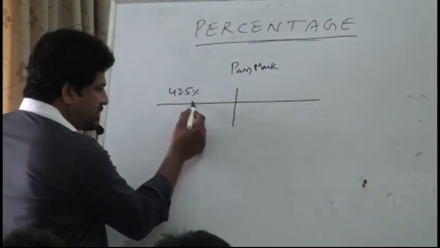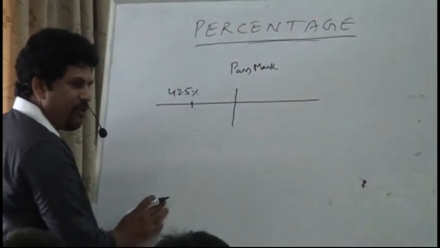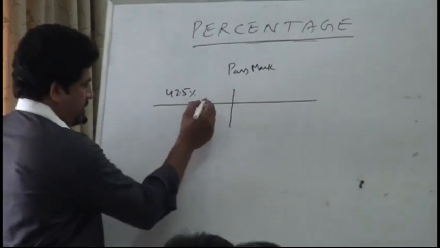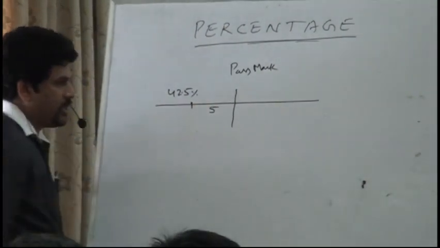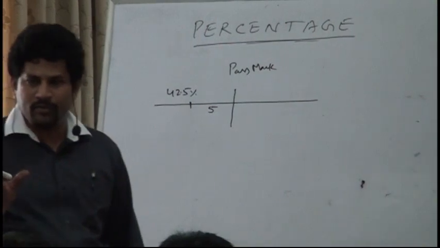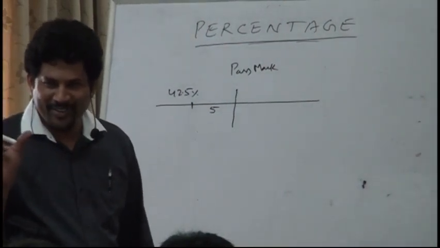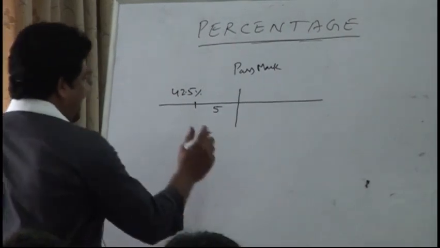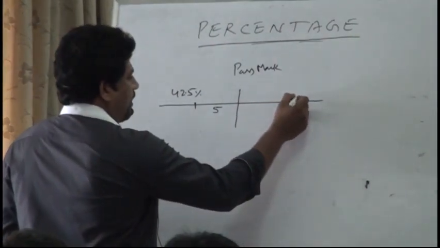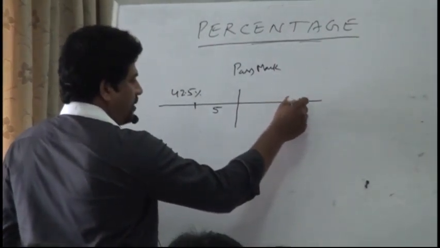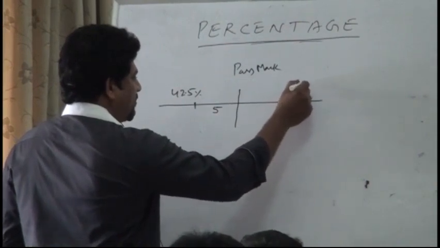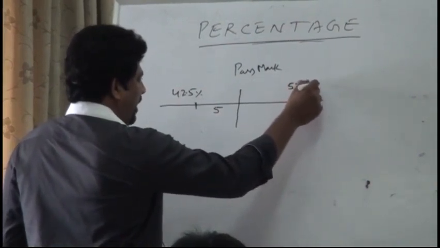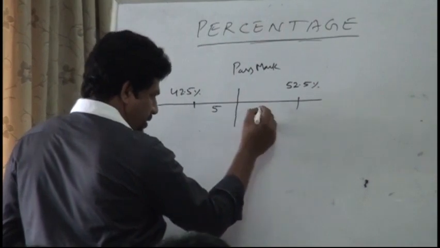What is this gap? He got 5 marks less than the pass mark. That is a shortage of 5. Now second case, passed or failed? By how many marks? Percentage is 52.5%. Passed by how many marks?